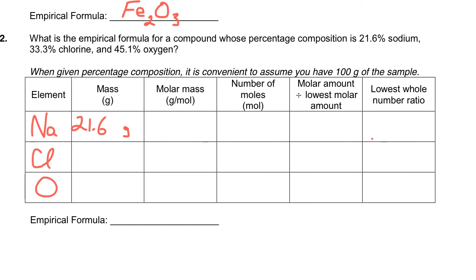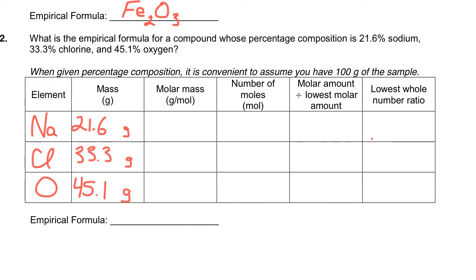I can just change my percent composition values into a mass value. So I can just say in my 100-gram sample, there's 21.6 grams of sodium, 33.3 grams of chlorine, and 45.1 grams of oxygen.